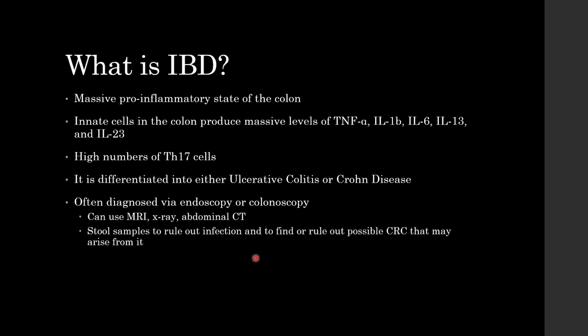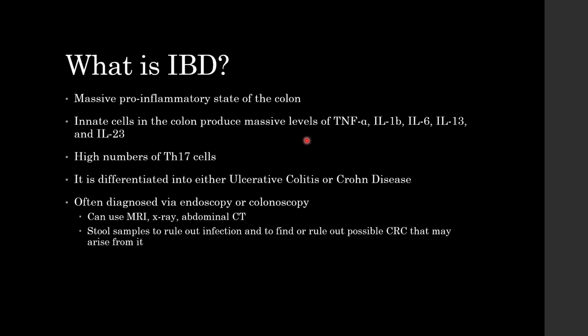Let's get started. IBD is a massive pro-inflammatory state of the colon. This state is mostly mediated by innate cells in the colon that produce massive levels of TNF alpha, interleukin 1 beta, 6, 13, and 23. These are all pro-inflammatory cytokines, and they often come out because of a bacterial state.